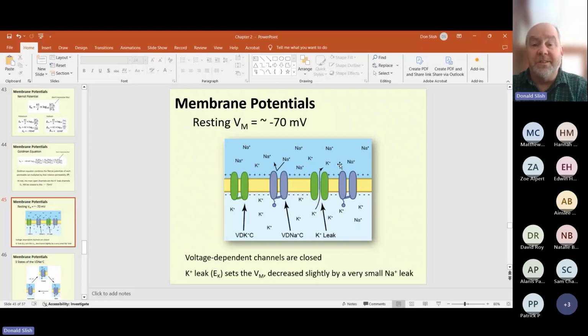And remember, the Nernst potential is minus 94 for potassium. Our membrane potential ends up about minus 70 because in addition to this leak potassium, you've got a very, very small leak sodium current. That's bringing you away from the equilibrium potential of potassium, a little bit more positive. They're balancing out at about minus 70. So that's your resting potential: leak potassium, potassium coming out, holding your membrane potential at minus 70.